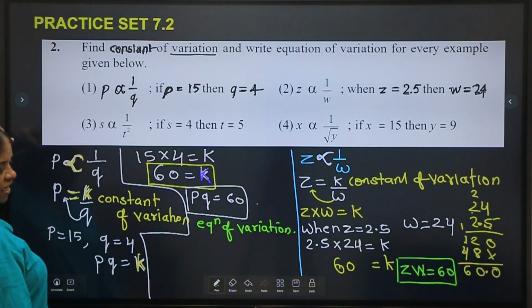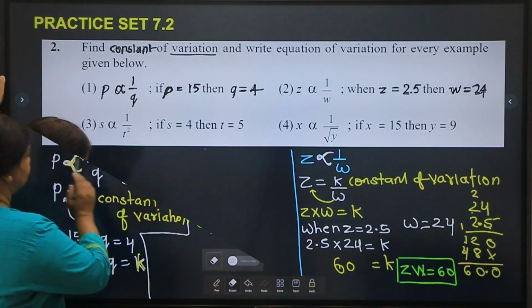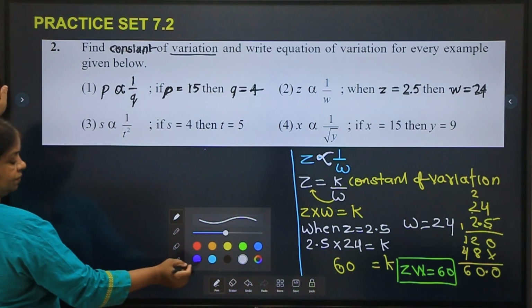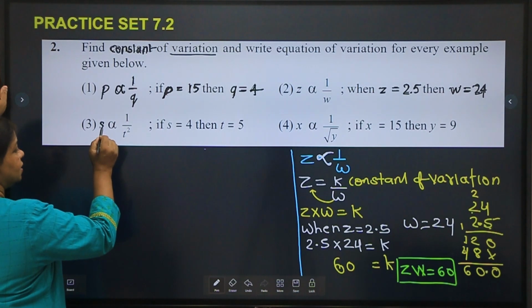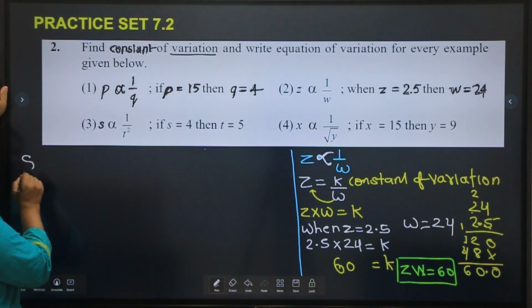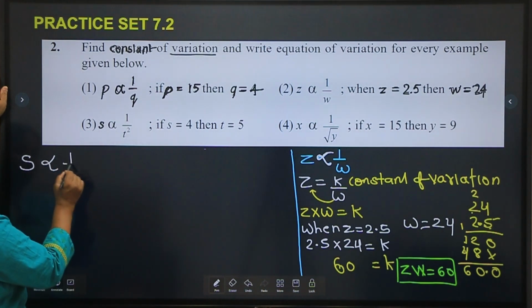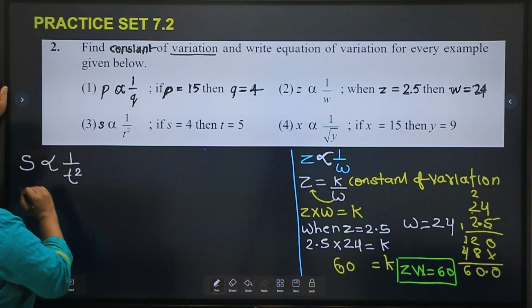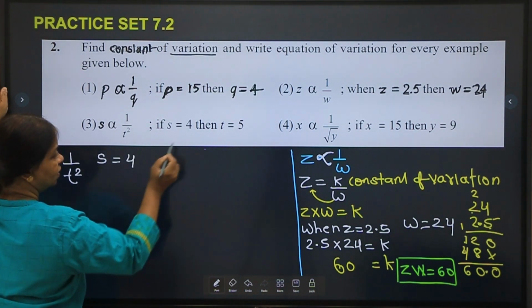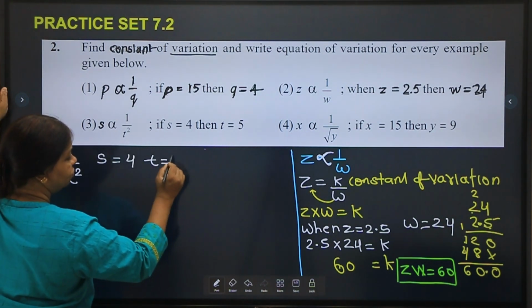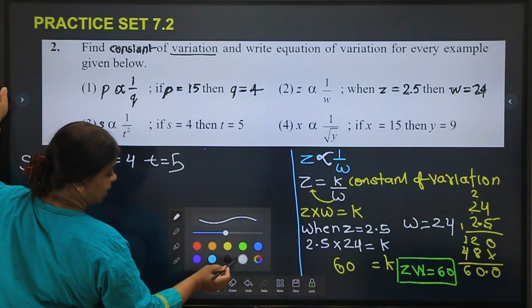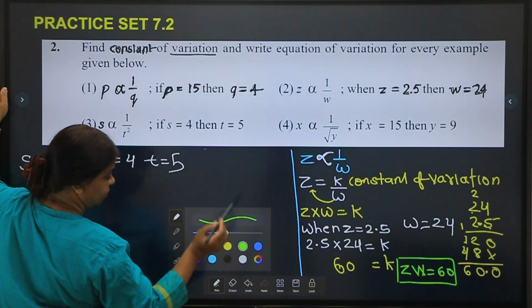Now we will see case 3. S is in inverse proportion to 1 upon t square. If S is equal to 4, then t is equal to 5. Find the constant of variation and equation of variation.